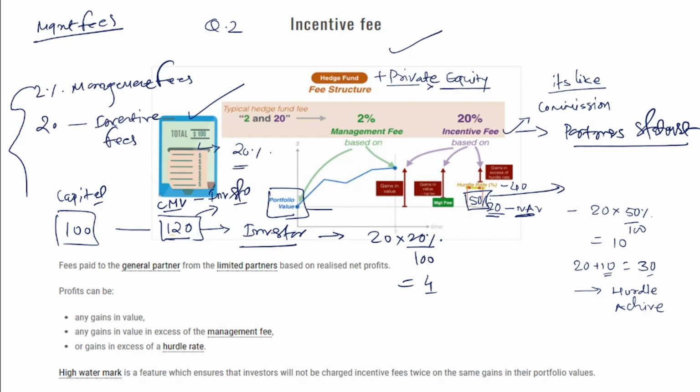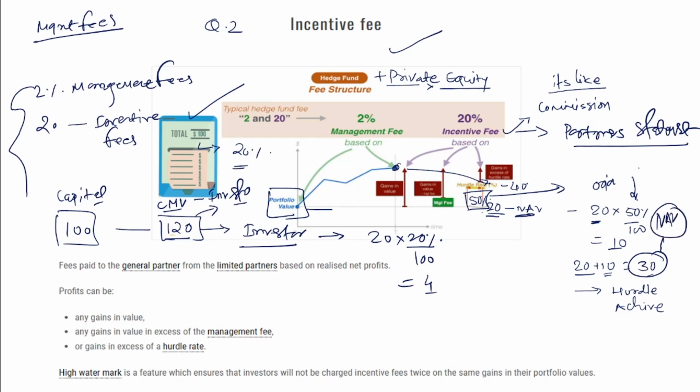And if you see the calculation here, initially the price was 20, but the hurdle rate was 50%. Let's say the fund reached 40. But if you calculate, 20 was the original amount and 50% was the benchmark which was set. 20 into 50% divided by 100 would be 10. If you add that, the total benchmark which was set is 30.